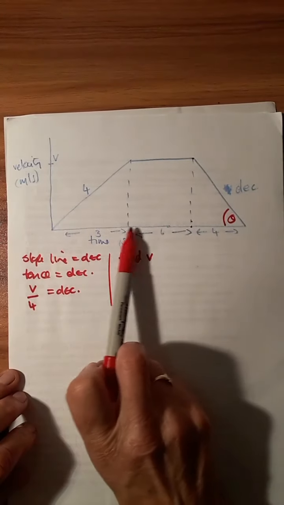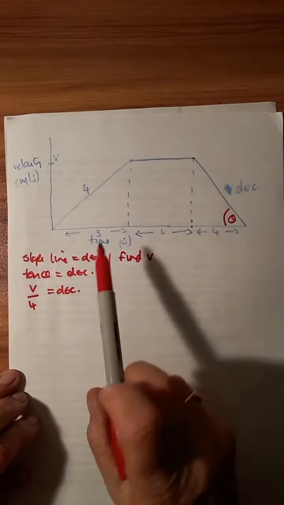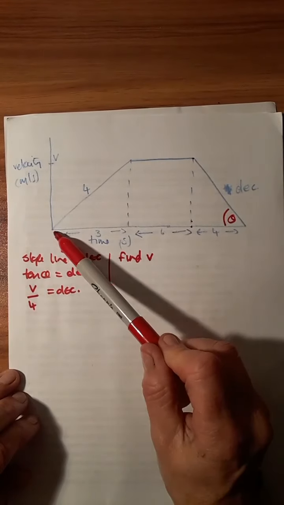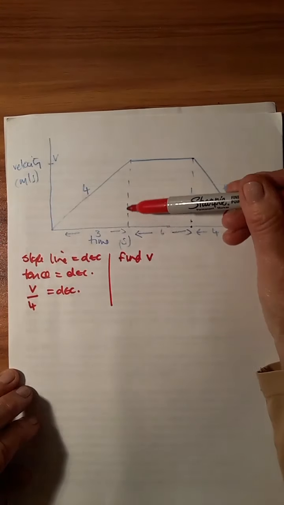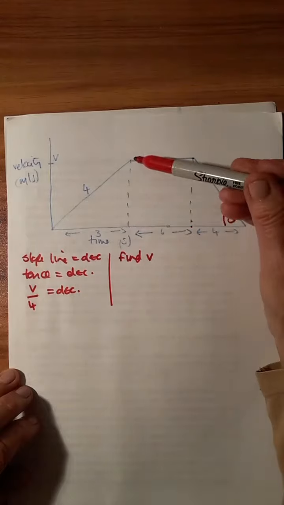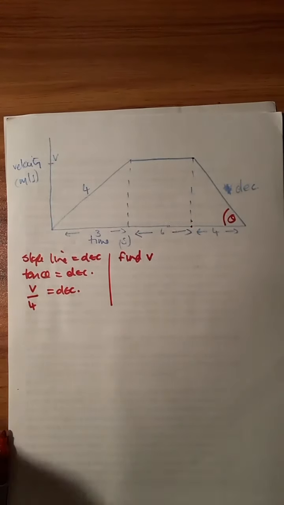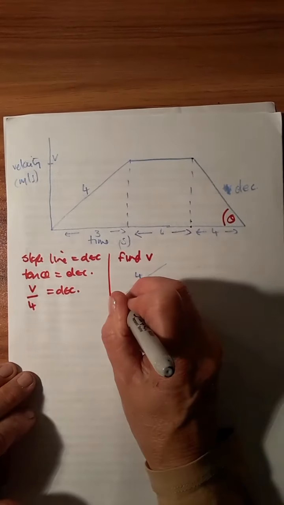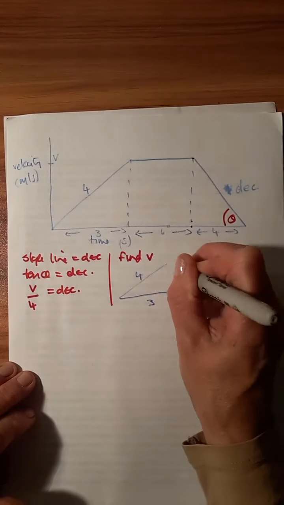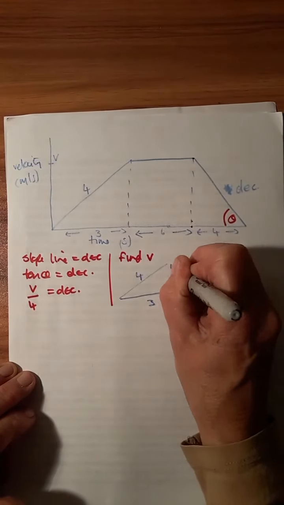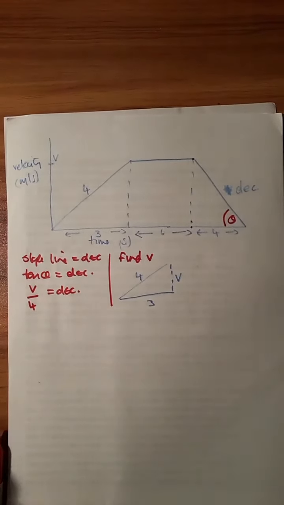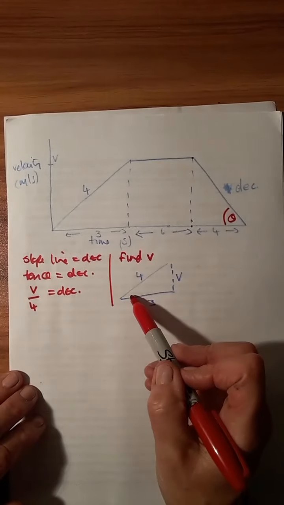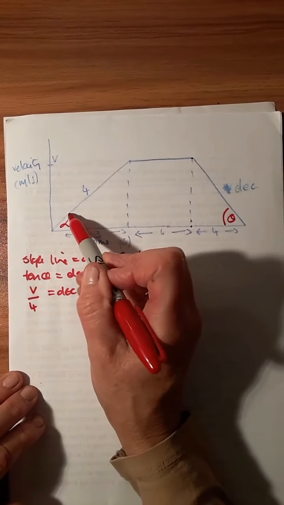Okay, now I'm going to go to the other side of the graph here. And I know that the acceleration is 4, the time is 3, and this is V. So I'm going to use this triangle over here to help me find V. So that bit is 4, that bit is 3, and of course that's V. So I'm going to indicate another angle. I'll call this one here alpha.